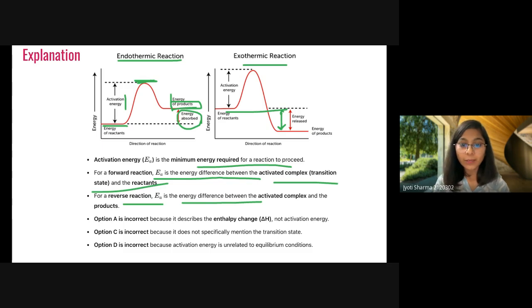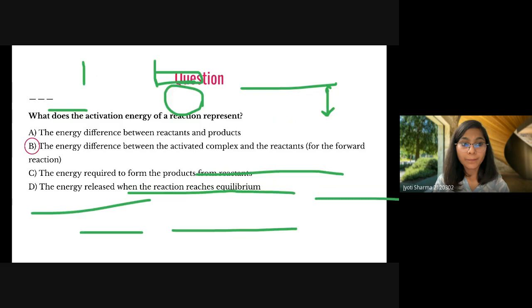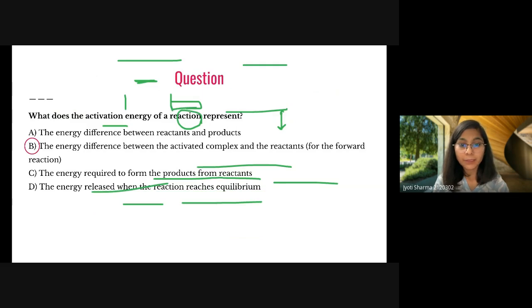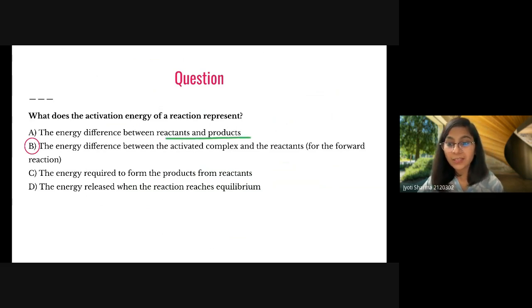So if we are talking about these things, let me clear this. The energy difference between product and the reactant is nothing but the enthalpy. Okay, this is not the activation energy, this is the enthalpy.